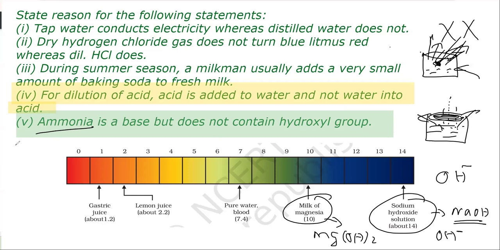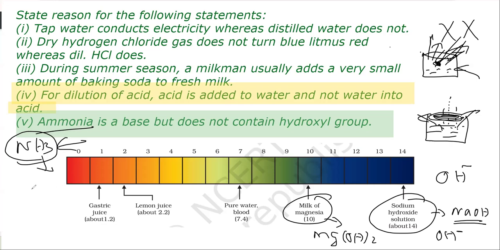Ammonia gas is NH3. So you may be saying that this does not have any hydroxide or OH minus ions. Then why do we call it a base? Well, this ammonia gas is in fact soluble in water.